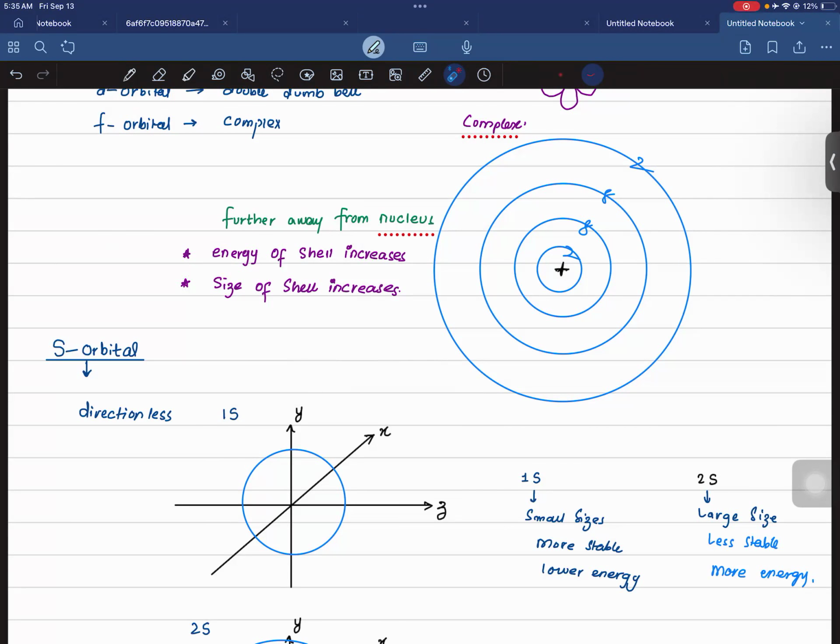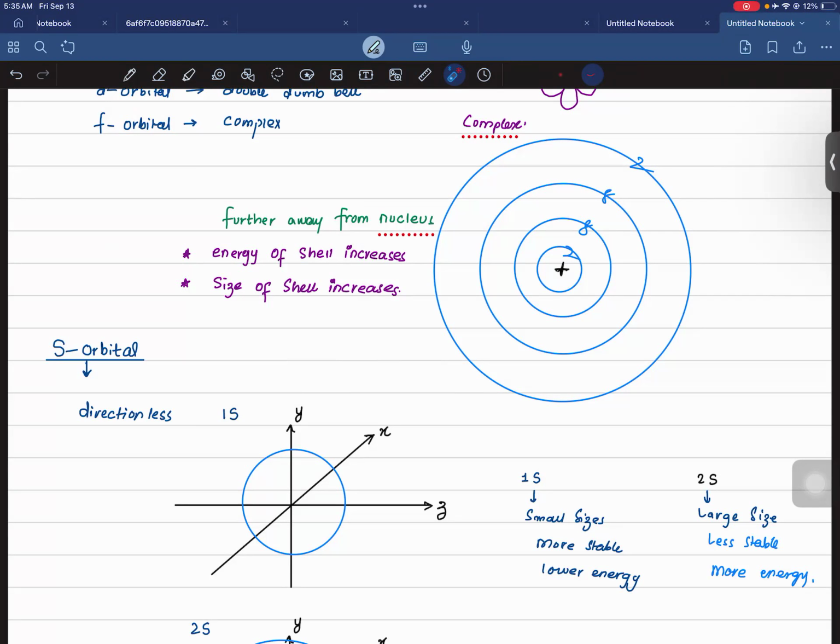So if I have different orbitals in front of me to fill, I need to decide which orbital I'm supposed to give electrons to. Remember, we give electrons to those orbitals, those shells, which have the lower energy. This is the scientific answer basically.